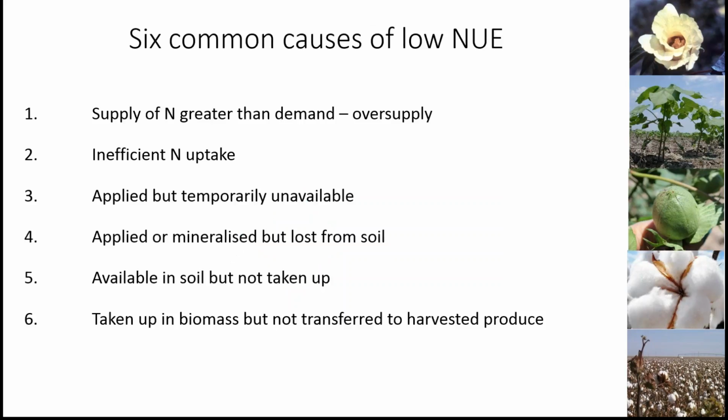So yesterday I went through the six common causes of low nitrogen use efficiency. Number one being oversupply, having a wrap around the arm. And there's no doubt when you look at a nitrogen response curve, around the critical value, the loss from undersupplying it is probably greater than the economic loss for oversupplying it in most seasons.